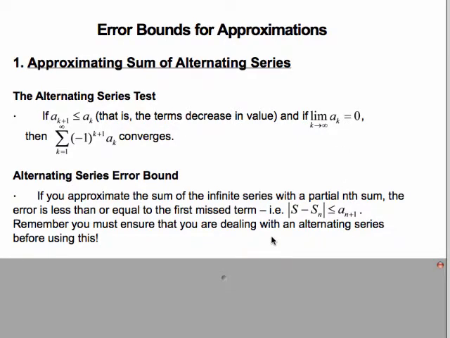And once we know it converges, we can approximate our sum using a partial sum, using the sum of n terms. And we know from our discussion that the error between the actual sum and the partial sum is less than the first term that we don't include in our partial sum.